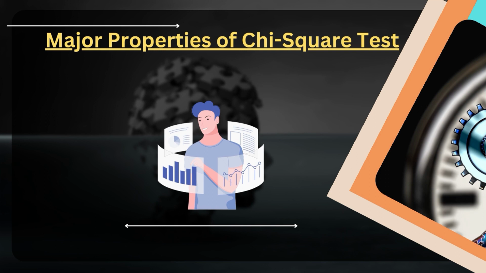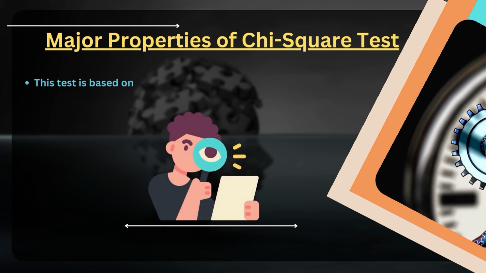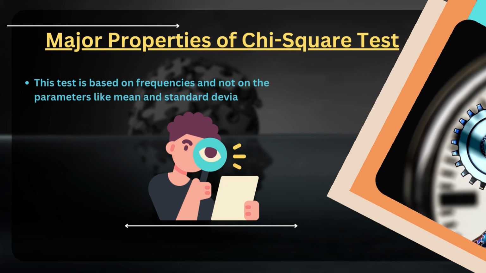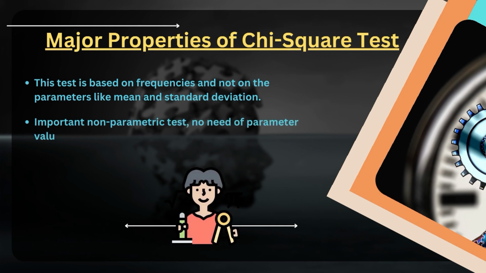So let us have a look at the major properties of the chi-square test. First, this test is based on frequencies and not on parameters like mean and standard deviation. Second property is that it is an important non-parametric test.